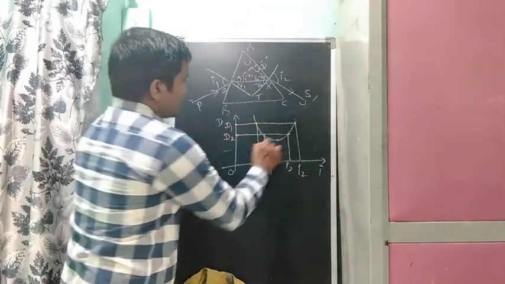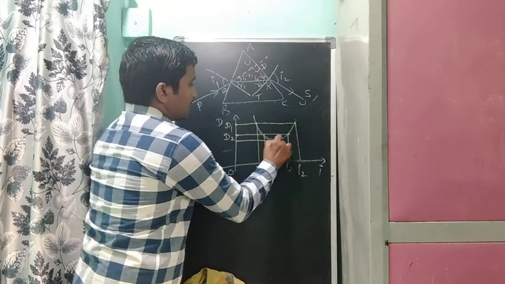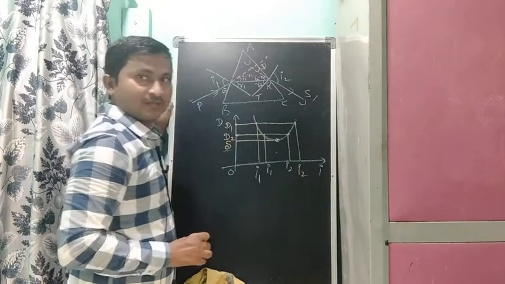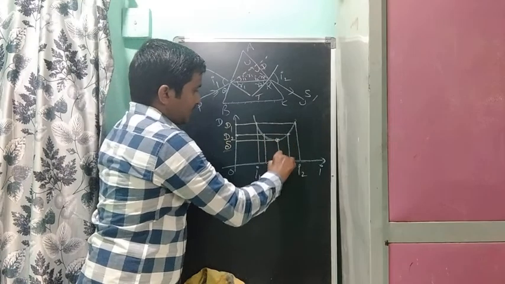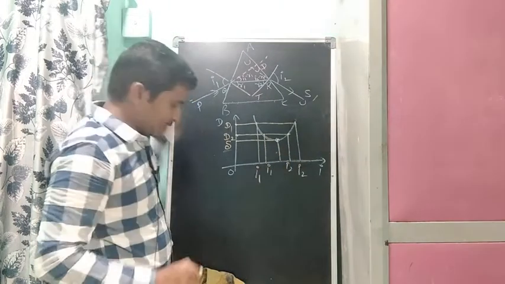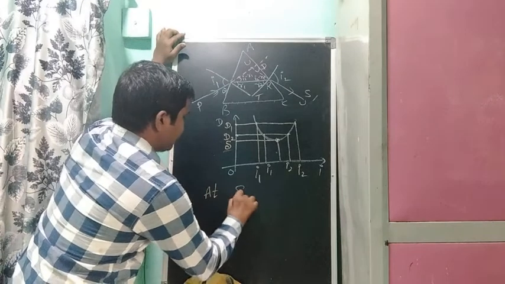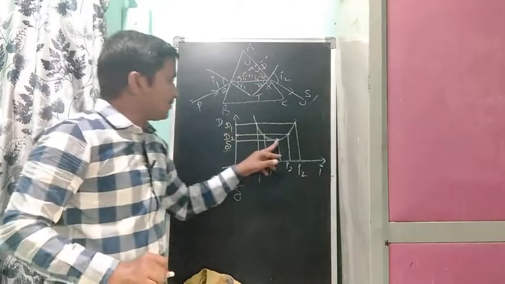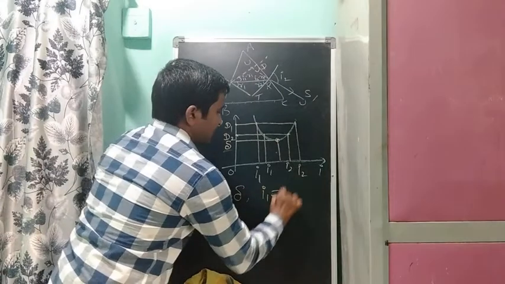But at the angle of minimum deviation, when the angle of deviation is minimum, at that point I1 and I2 will coincide. That means at minimum deviation, I1 equal to I2.